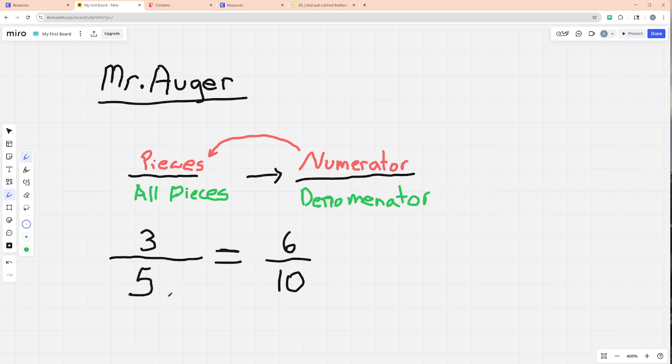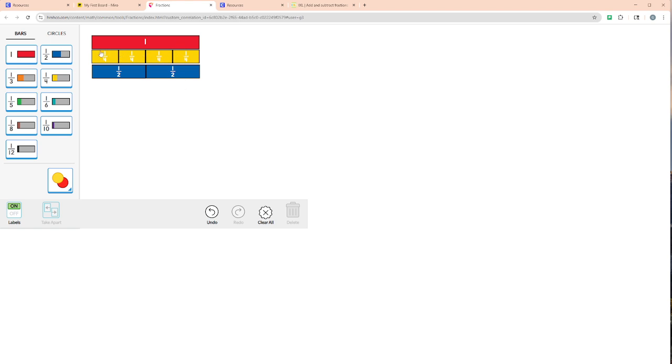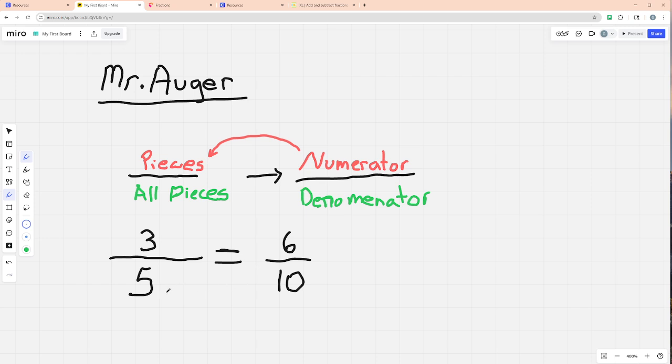What that means is, as these numbers increase, what happens to the size of the piece? Yeah, it gets smaller. And that's where the confusion comes in. A lot of people get confused because they think as this number grows that this fraction should be big.